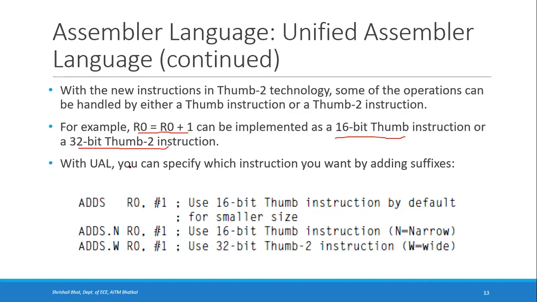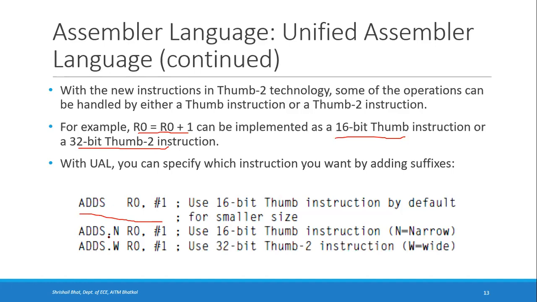So with UAL, you can specify which instruction you want by using certain suffixes. Suppose you write ADDS R0, #1. This is a 16-bit thumb instruction by default. Since it is a smaller size, it uses a 16-bit thumb instruction to perform this particular thing.